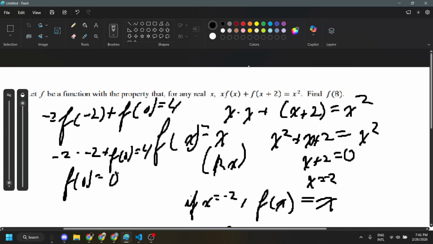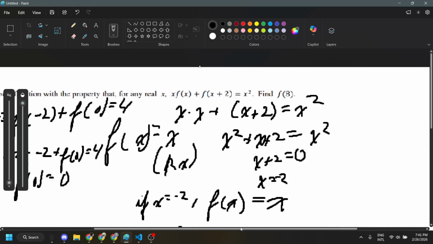Is this true? f of 0 is equal to 0. I mean, it seems true. Okay, let's go for the other thing.